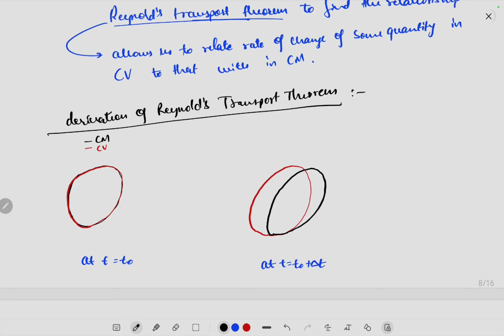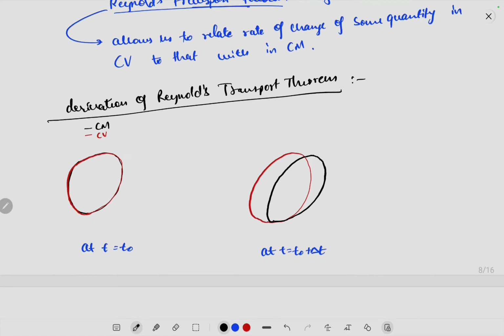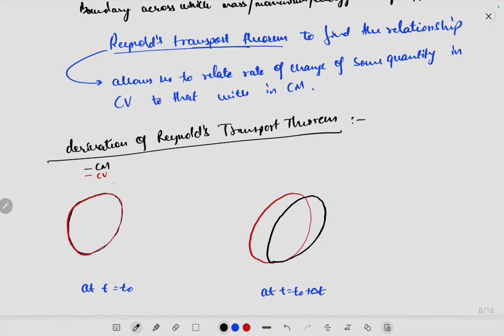Now please note that the control mass and control volume is a 3D shaped boundary, and I've just drawn them in 2D. So don't think that this is a 2D boundary, this is actually a 3D boundary. Okay, so let's say in 2D it would look like a circle, in 3D it is actually a sphere. Okay, the boundary is actually the spherical boundary. Okay, got it?